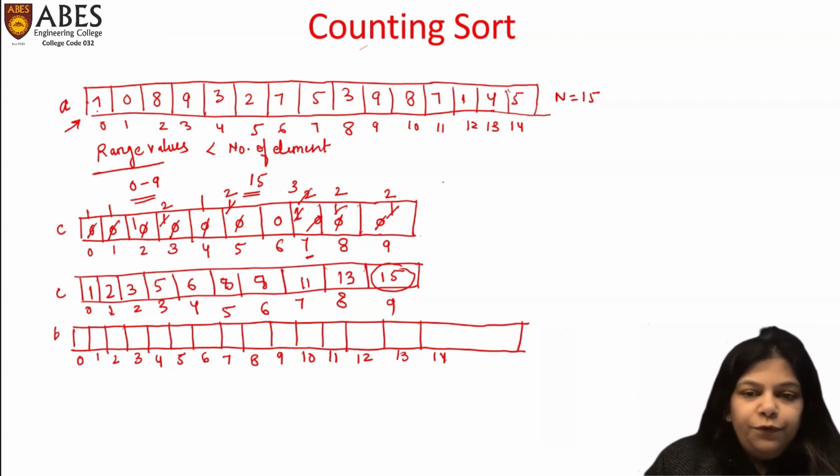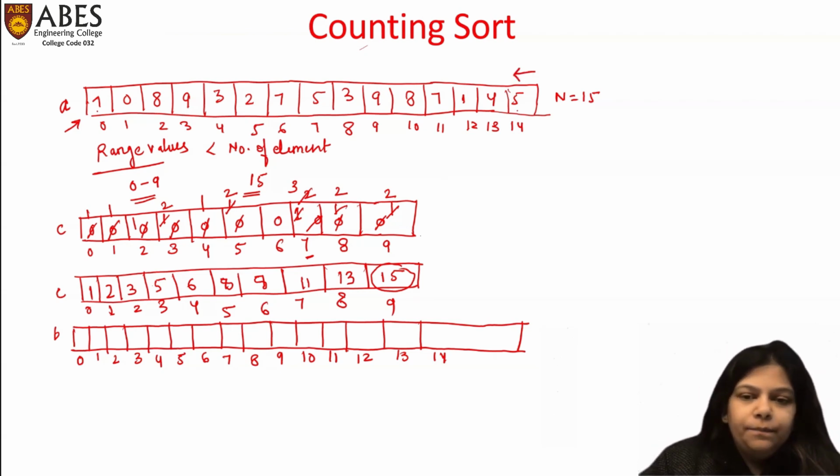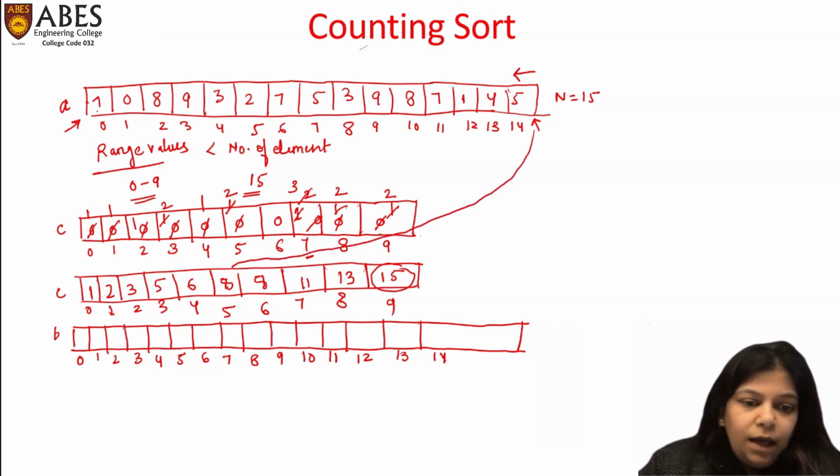What we have to do, we have to start checking from the last element of the input array. What is the last element? The last element is 5. Now we will go on the index having the same value, index number 5.